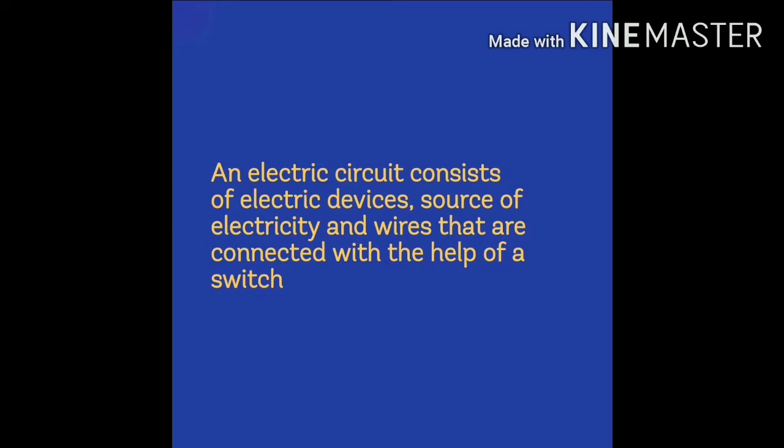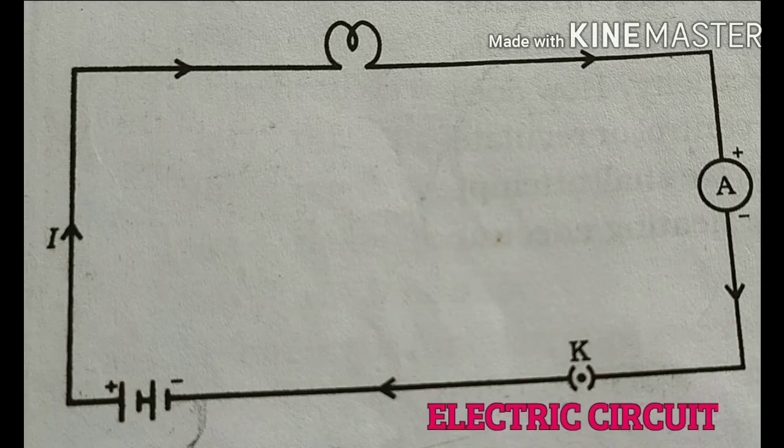An electric circuit consists of electric devices, sources of electricity, and wires that are connected with the help of a switch. Have a look at the electric circuit given here. A bulb, a meter, switch, and a battery. All these are connected by an electric wire.